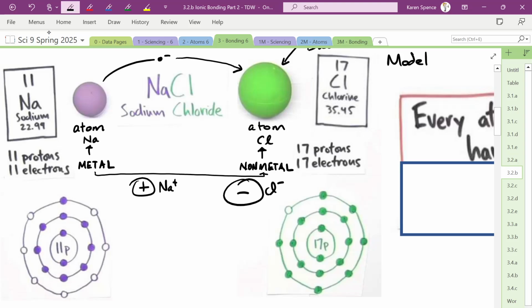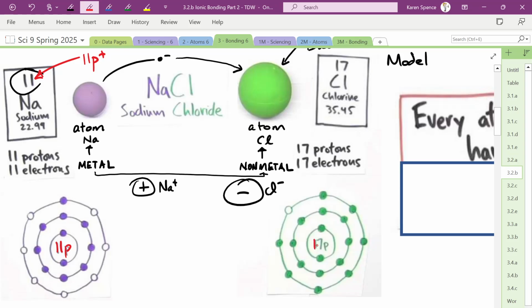So sodium has an atomic number of 11. So that means it has 11 protons. And you can see in the nucleus we have 11 protons. We're going to ignore the neutrons because they don't matter when we're looking at ion formation, because they don't have a charge.